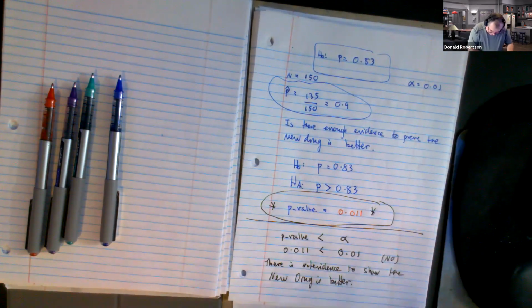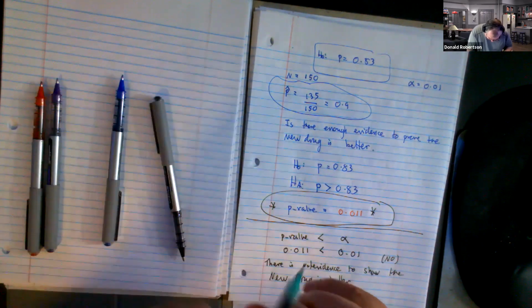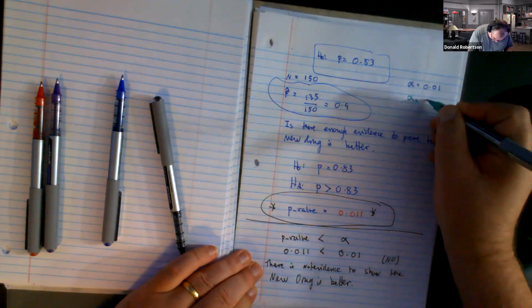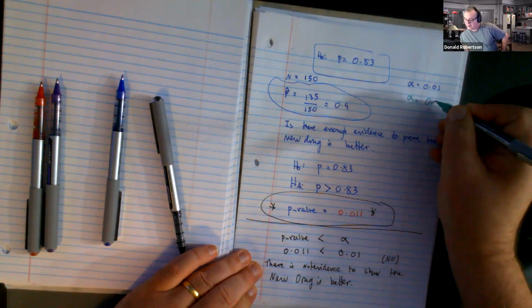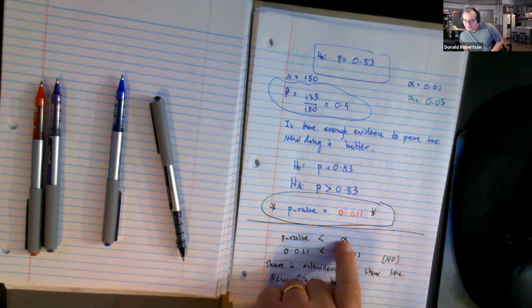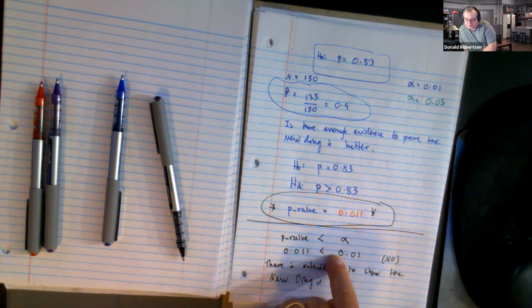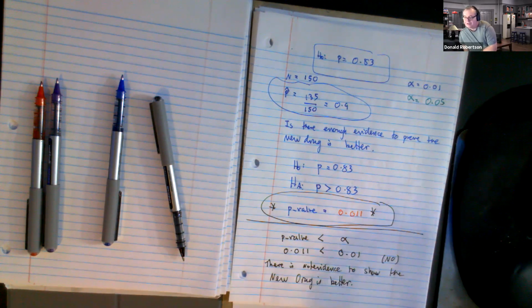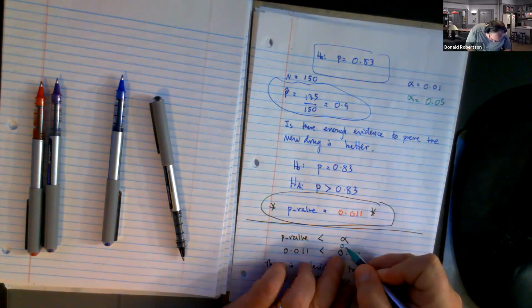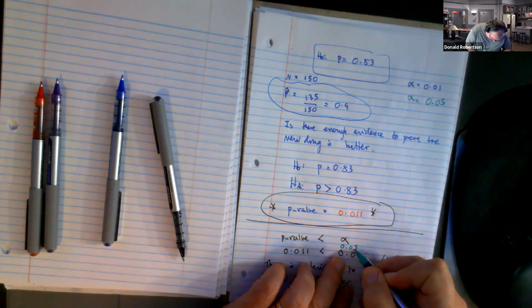Suppose I had decided right at the beginning, before I did any of this, that I was happy with the 0.05. Right, so I made my significance level 0.05. What conclusion would I come to the second time? Would I still say there's no evidence, or would there be evidence? There would be evidence. Right. Because if you replace this by the new value, wouldn't you say yes?